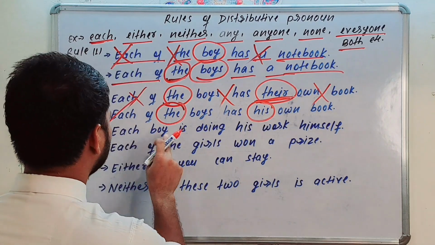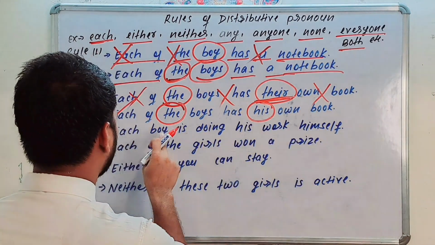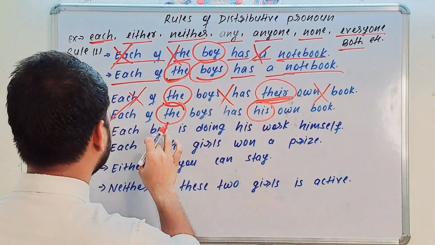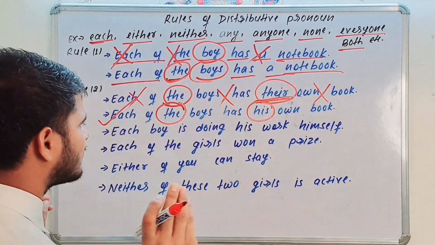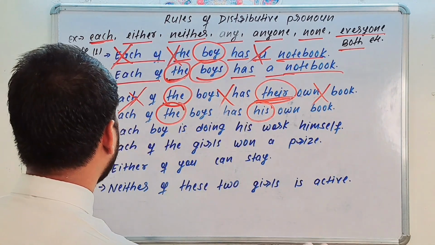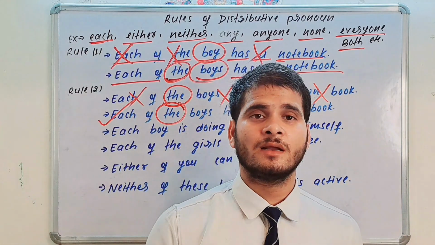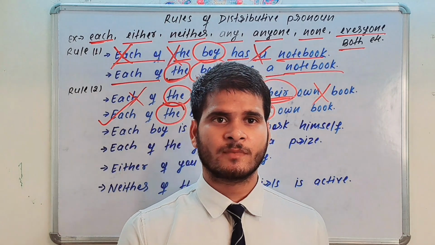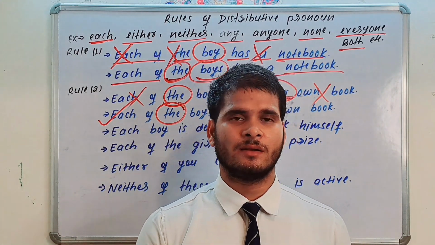And the next one: each boy is doing his work properly. Here, see, each boy is doing his work properly, and that's what I was talking about here. A singular pronoun and singular verb are used with each, either, and neither, only singular.